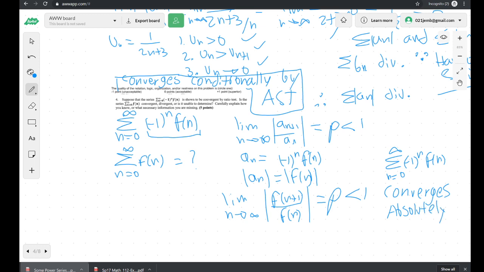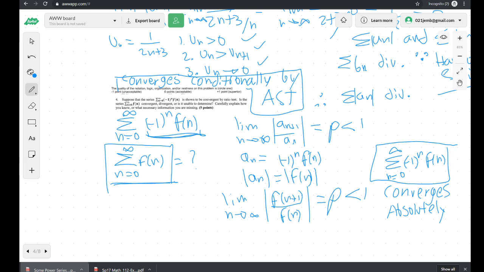The question is asking, carefully explain how you know. So it's asking, is the series, that is, the series of f of n, convergent, divergent, or is it unable to determine? Well, we know that the series over here, this one, converges absolutely, and that's because we're taking the limit of the absolute value of this, which is -1 to the n times f of n, and that's basically the series f sub n.